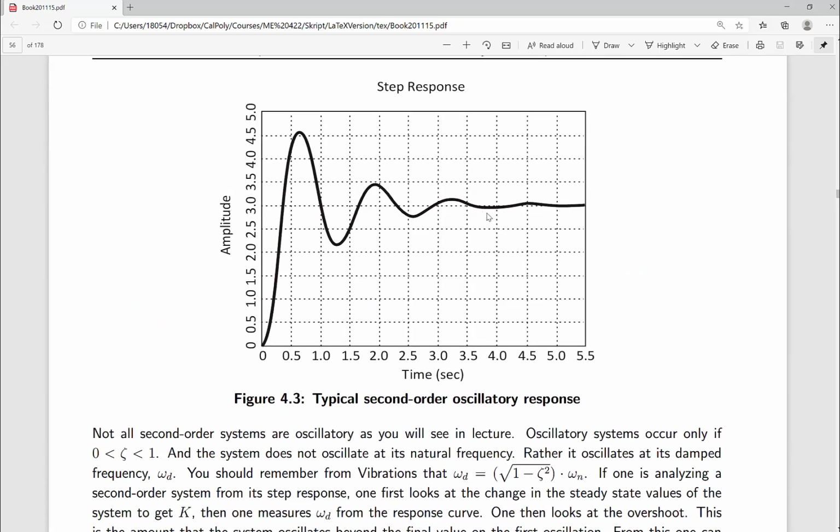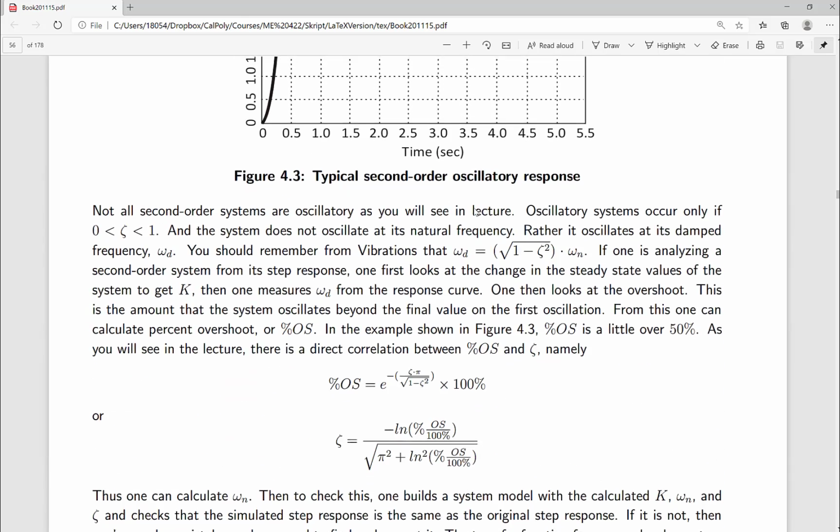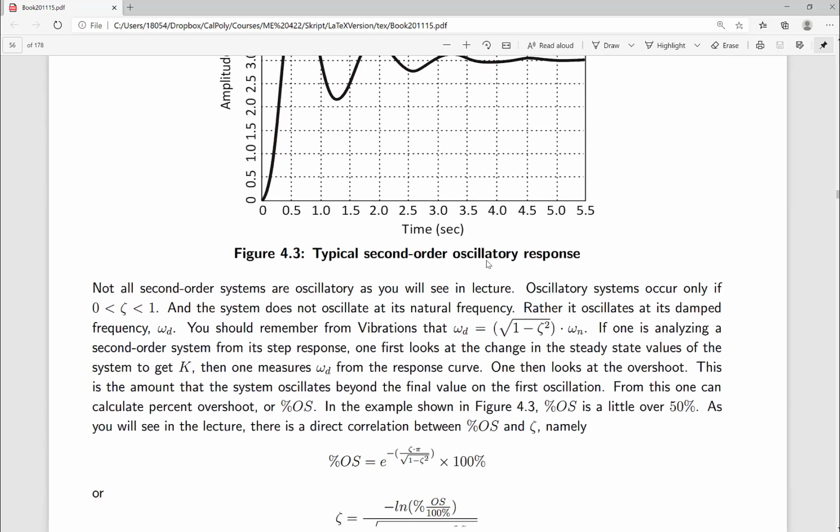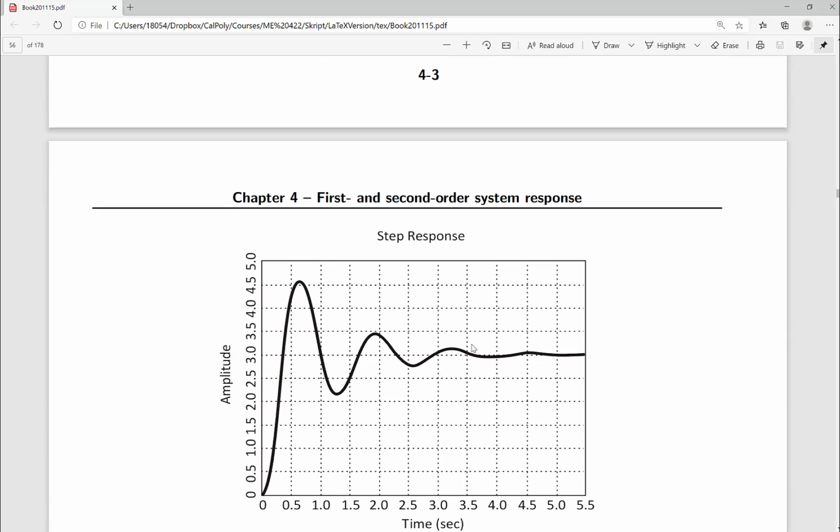So what you do is you put a band around the final value, and the settling time is defined as the time that it takes to go from the beginning of the step to the point where you enter that band that you defined and you don't come out of it again. Now, of course, that depends upon how big the band is, how big a tolerance you give around here.